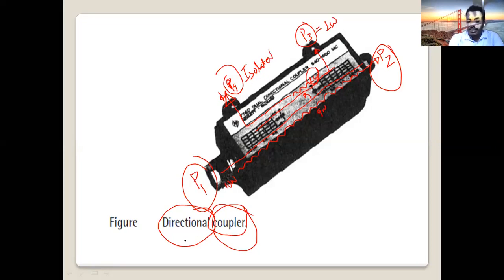That's why this device is called directional. Why do we call it directional? Because the coupled signal must be transferred to port number 3, which is called the coupled port.